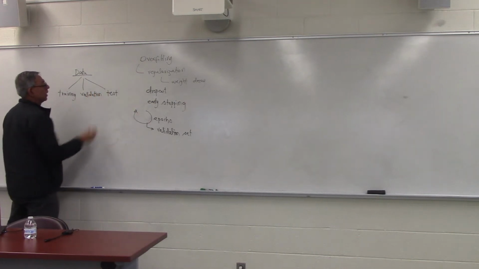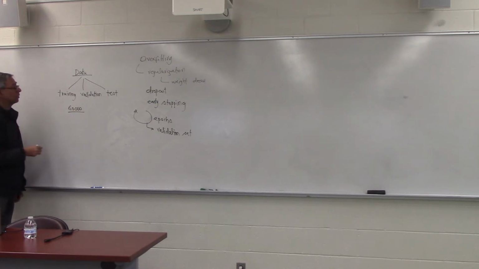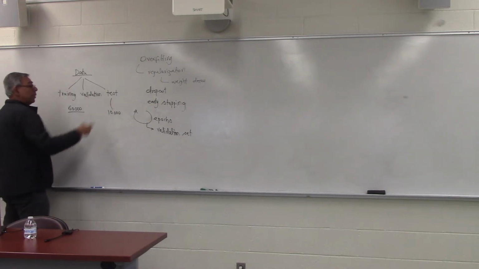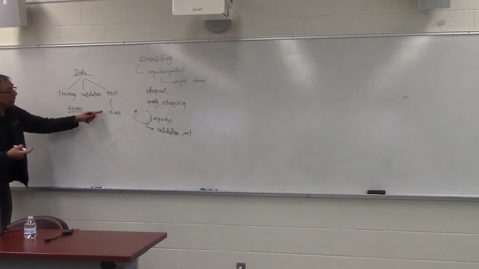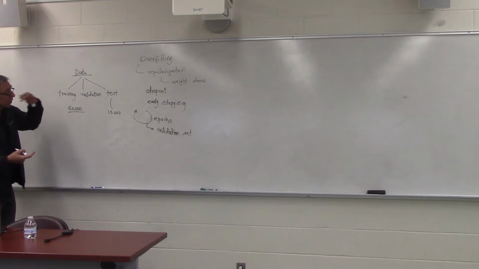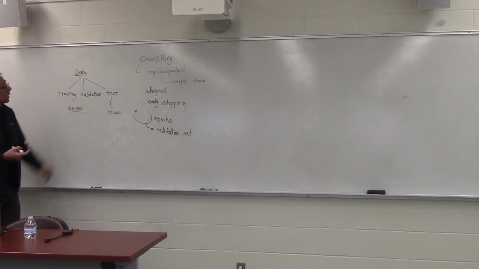So for example, let's say we have 60,000 data available to us to be able to train. Let's say we have 10,000 separate data, so that we do not show this to our neural network. Once it's trained, then we will verify to see what's the performance on the test data.